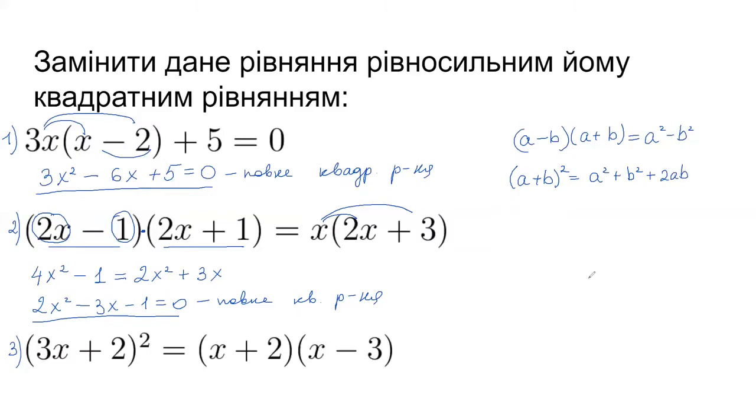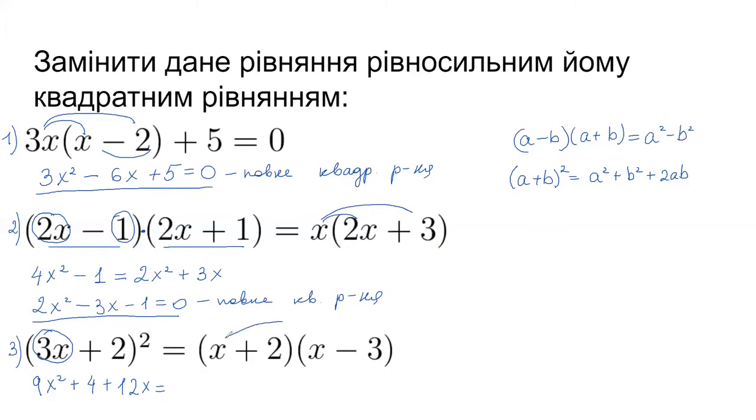So let's rewrite it in our equation. Our a here is 3x, so it would be 9x squared. Our b here is 2, so plus 4 and plus 2 times 3x times 2, which equals 12x. So that's the left side.